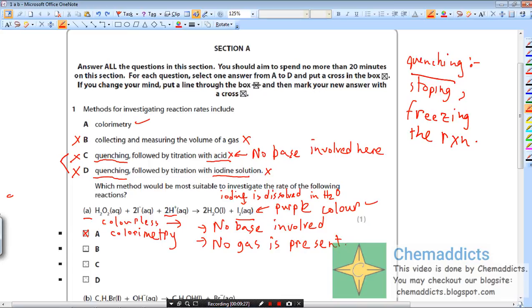Instead of acid or iodine solution, if we use sodium thiosulfate, S2O3, then we can consider this method.